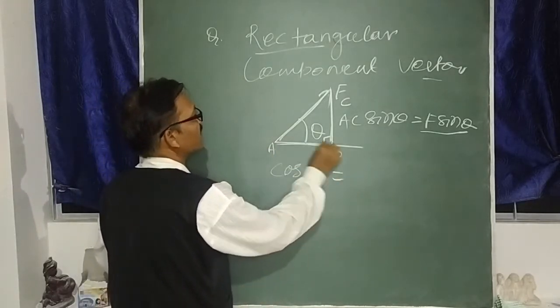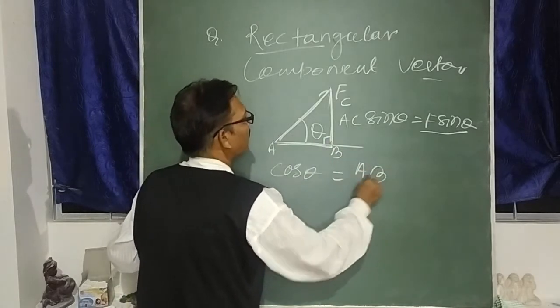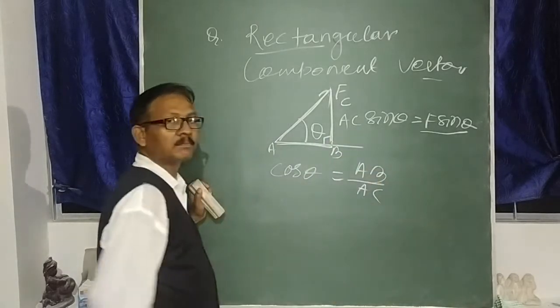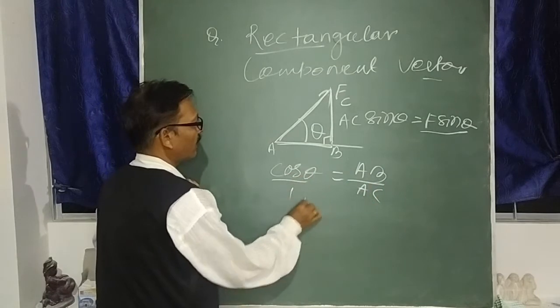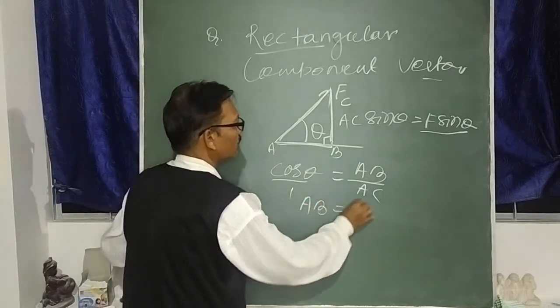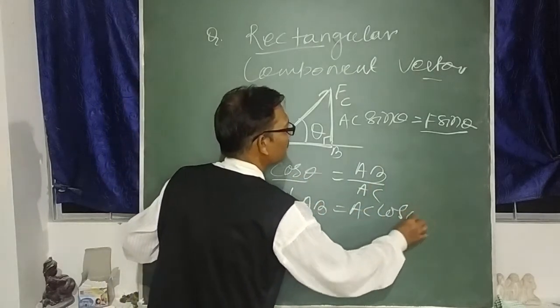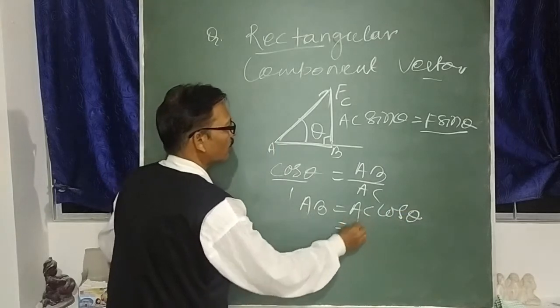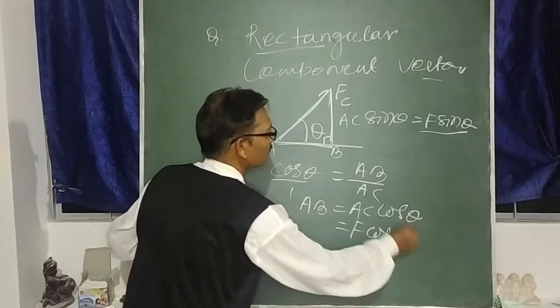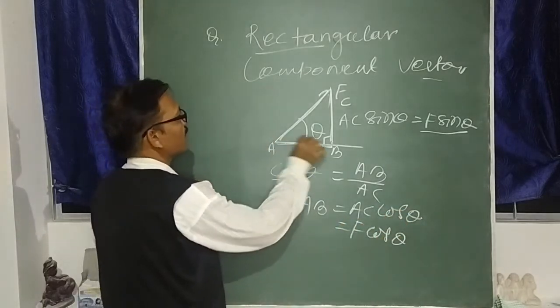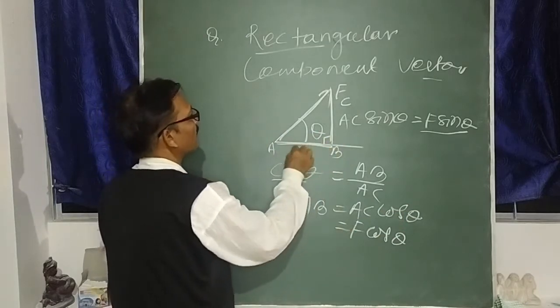Cos theta is equal to base by hypotenuse, that is AC. You cross multiply, AB is equal to AC cos theta. AC means F, so base AB is F cos theta.